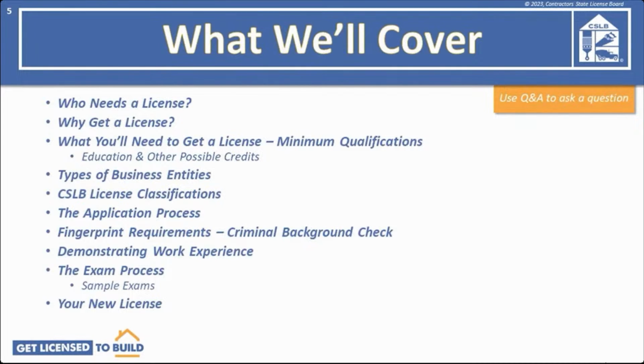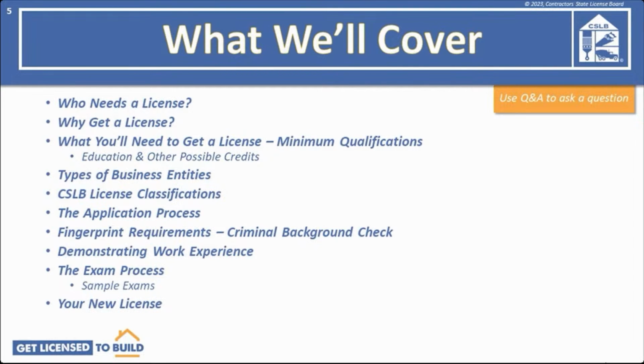Here's a list of what we're going to cover today. We will take you through the process of applying for your California contractor's license. First, who needs a license? Why get a contractor's license? The minimum qualifications you need to get a license and what credits you might qualify for, the types of business entities, the different CSLB license classifications, including our new B2 residential remodeling classification.